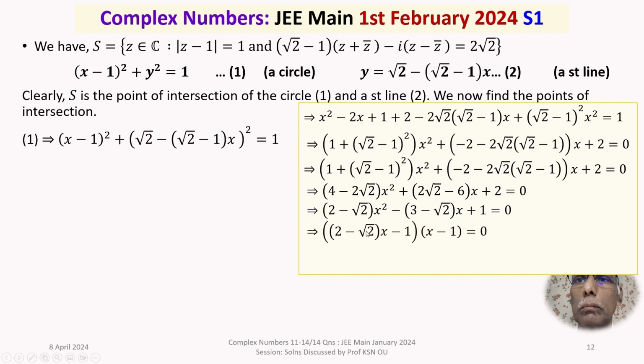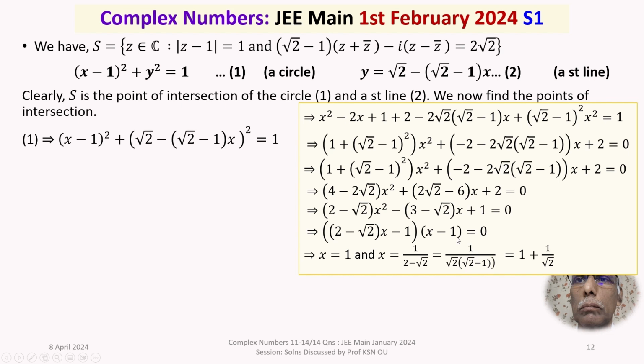(2 minus root 2) times (x minus 1) multiplied by (x minus 1) is equal to 0. 1 is obviously a root of it. That's the clue. Right. And the roots are x is equal to 1 and x is equal to 1 by (2 minus root 2). That is equal to 1 by root 2 take common, root 2 multiplied by (root 2 minus 1).